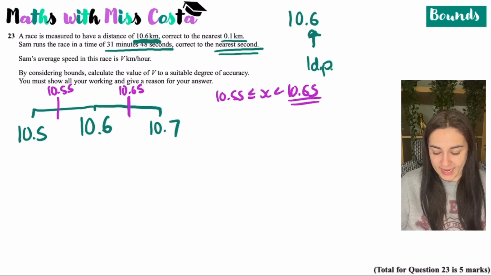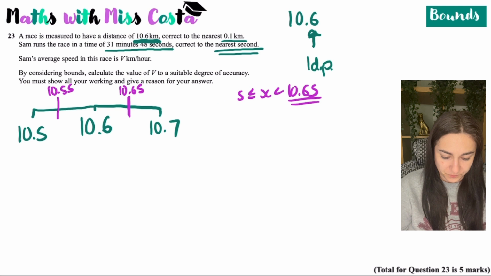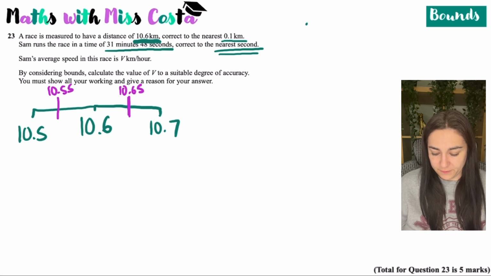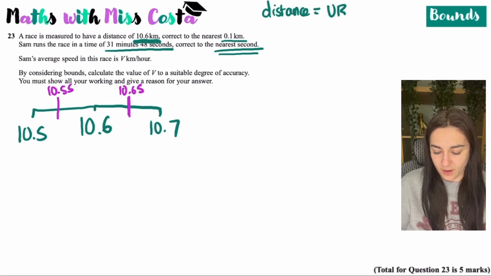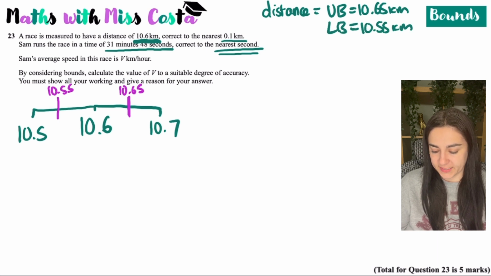So we know not to actually include 10.65, but we use it as our bound. So if I write my bounds up here, I know that for the distance, the upper bound is going to be 10.65 kilometers and the lower bound is going to be 10.55 kilometers.